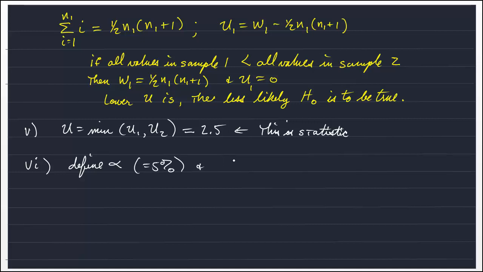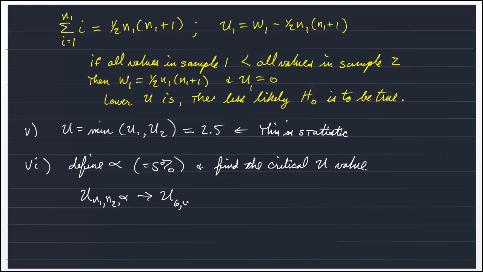And then we have to find the critical value of U. And the critical value is the U value for n1 values in sample 1 and n2 values in sample 2, and alpha, which in our case is U6,4, and 0.05.